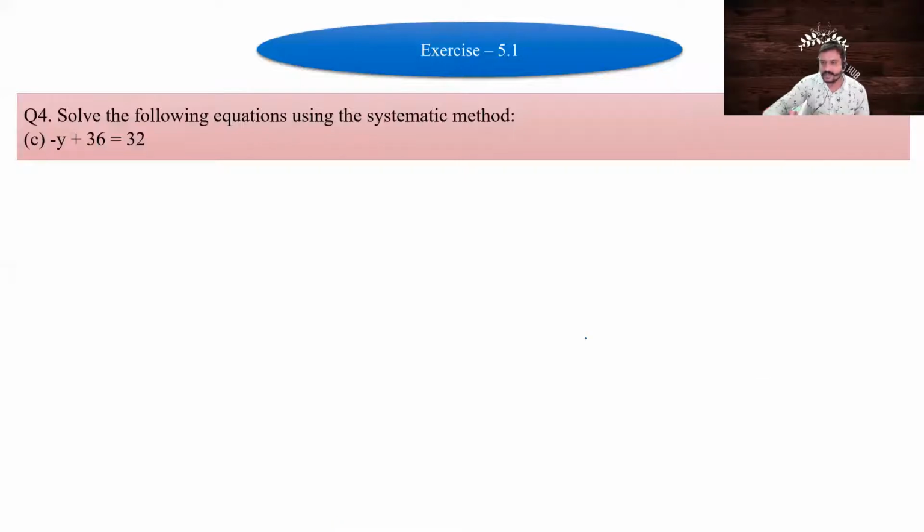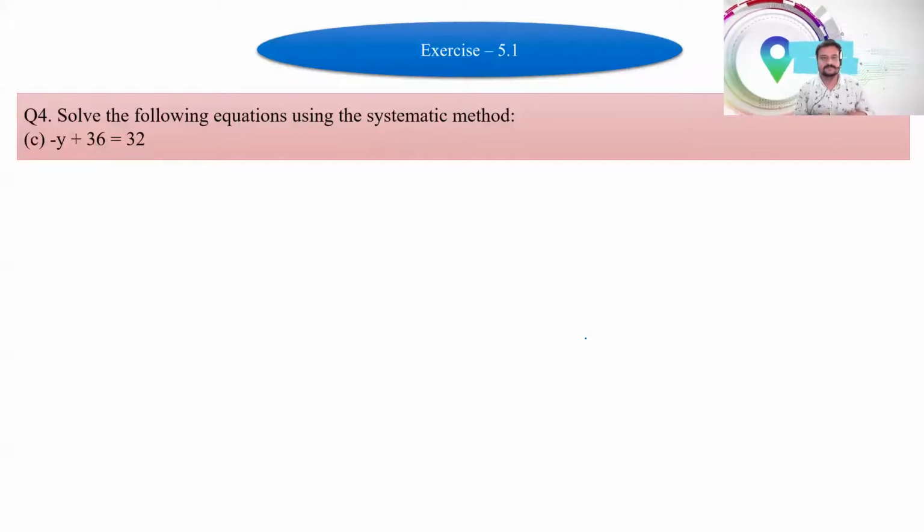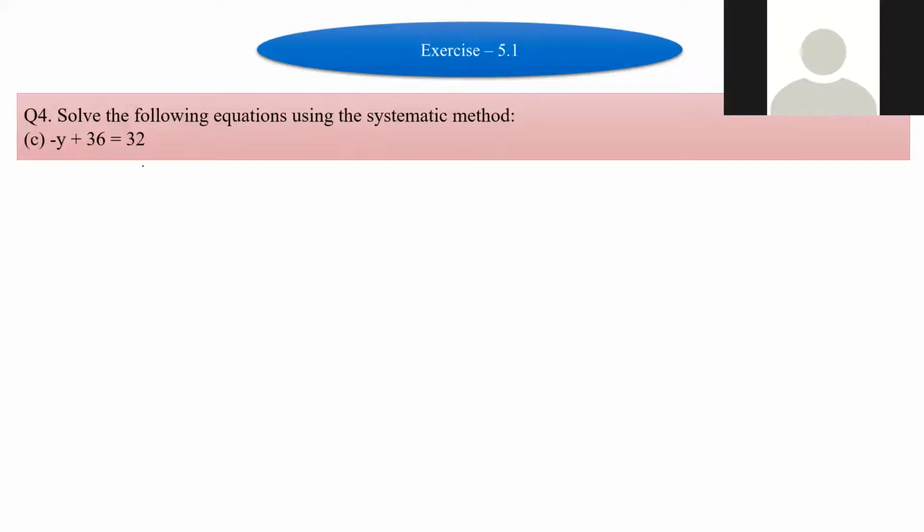Yes, Arya. Yes, sir. The question is minus y plus 36 is equal to 32. So we will do it in systematic method. Then it will be equation minus y plus 36 minus 36, 32 minus 36.